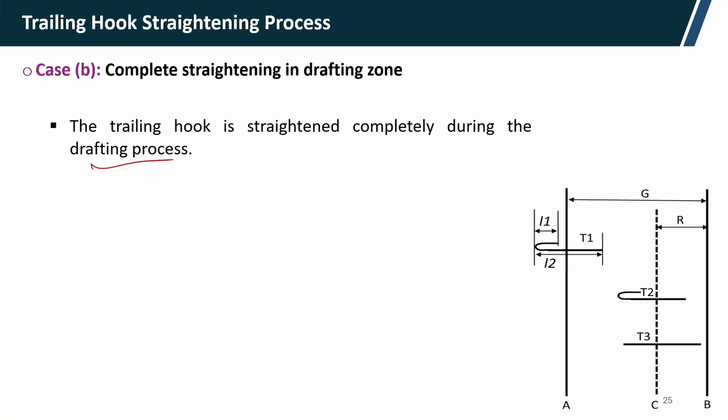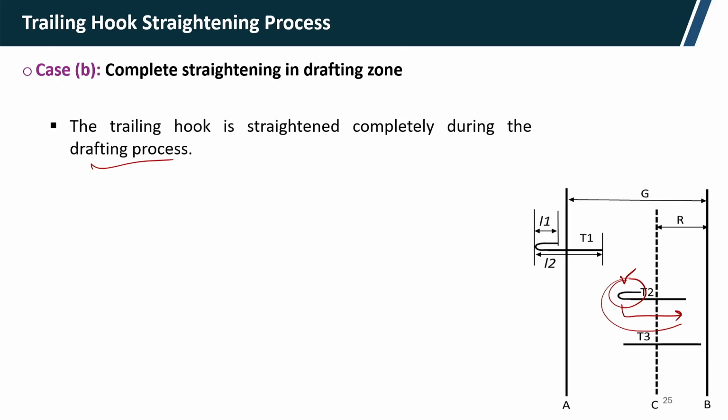You can see this is T1. At T2, the midpoint of the body has reached, whereas the trailing hook portion is behind that, moving at the speed of the back roller.